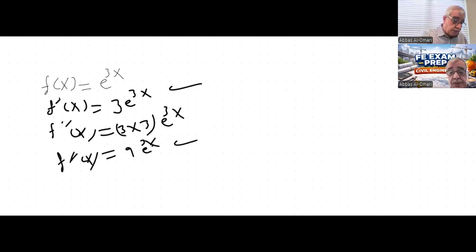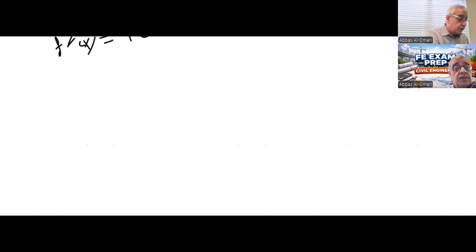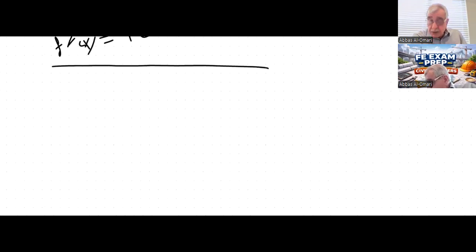Now the second question, we have a set of data and we want to determine the standard deviation.